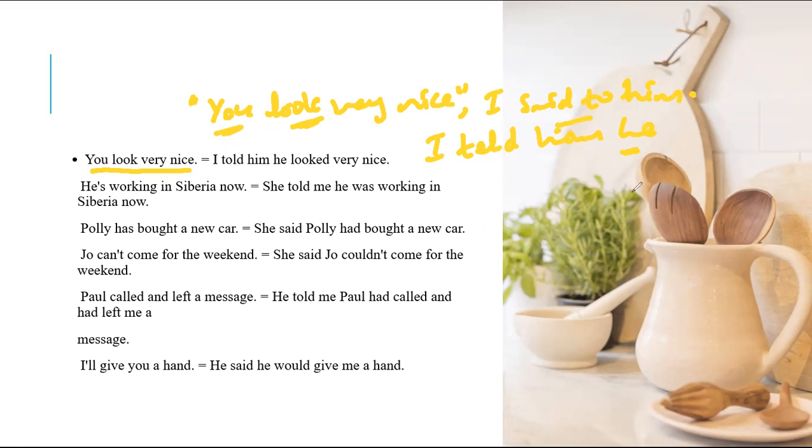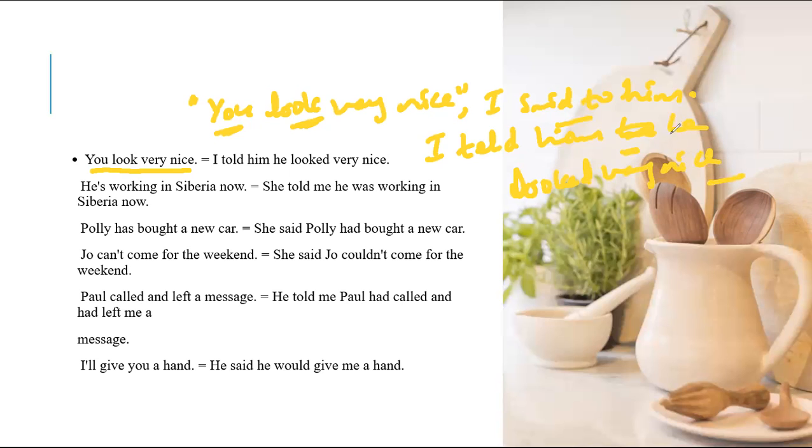But now when I'm reporting about it, or I'm telling somebody else, this person who I called you is the third person to us, the one who I'm talking to, and of course to me as well. He's the third person. So I told him that he looked very nice. Why? Because you has been replaced by he.